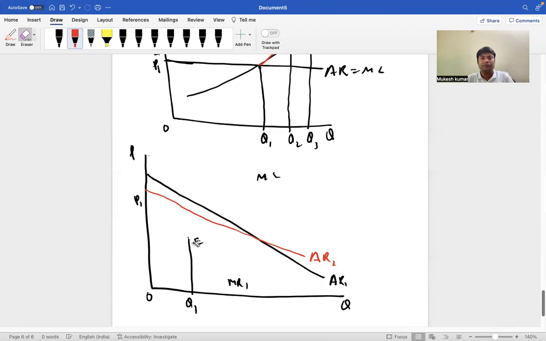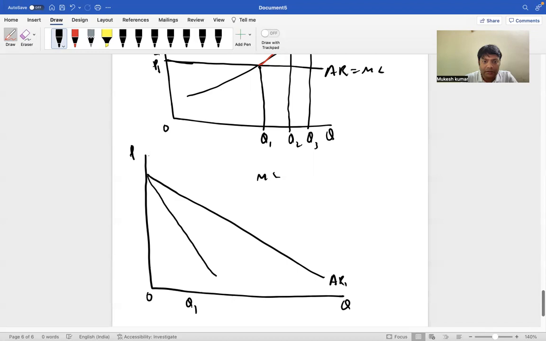I think I need to draw again. This is the initial demand curve, and on the basis of this demand curve, there is the marginal revenue curve, and there is the marginal cost.